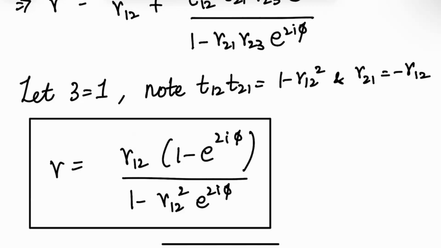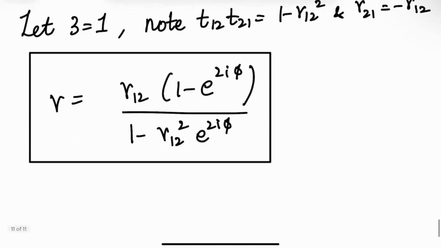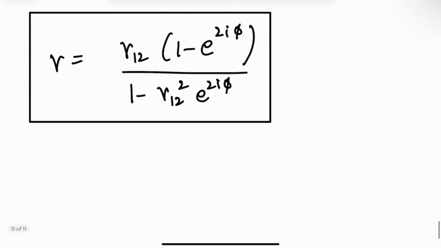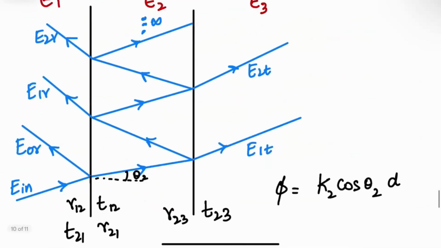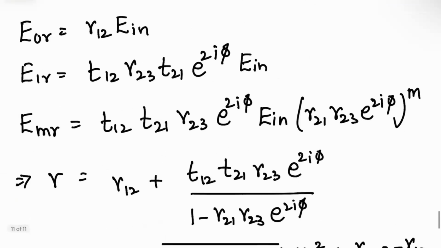Okay, so this is very interesting, right? If you go back to this picture and look at our dielectric interface, you have all of these reflections and all of these transmissions. It's a very complicated picture. But under a certain condition, you can make the sum of all of these reflections equal to zero. What is that condition?